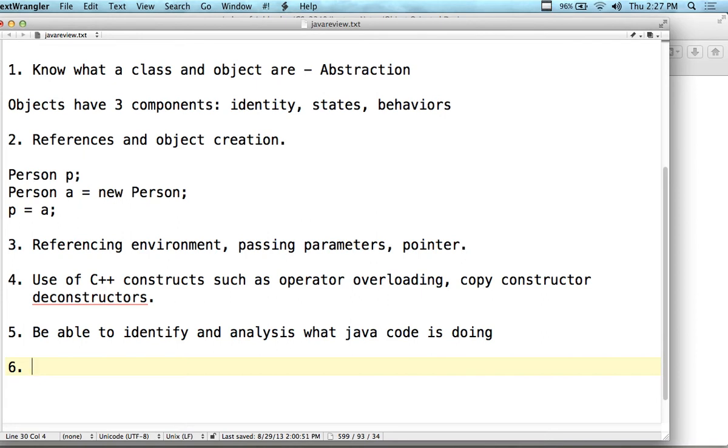That's number 7. I put that into source code: be able to identify and analyze what Java code is doing. You don't have to write it, but you have to look at it and say, what is this doing? Then you have to look at which is the best way to construct a blah, and you're given options, and you have to pick which one is the correct one.